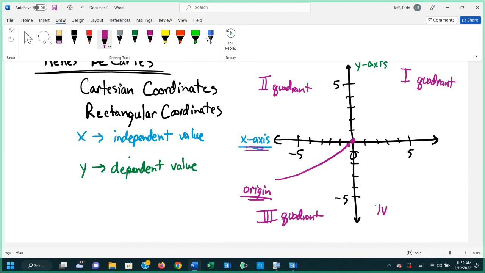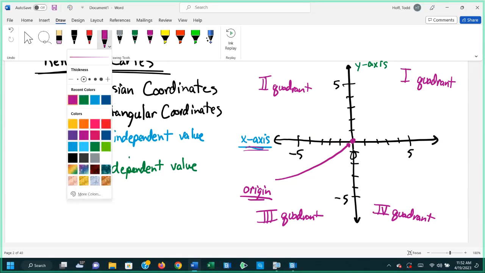And over here is the fourth quadrant. And again, the only reason we go around it counterclockwise is because that's the way we do for a lot of other things. Navigational angles, vector directional angles, trig angles and stuff like that for trig functions. We go around counterclockwise.